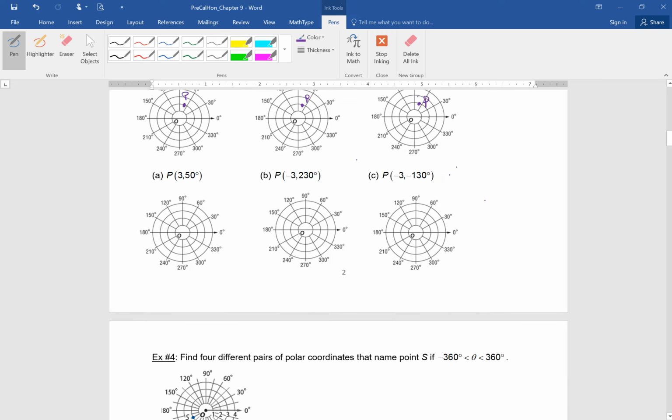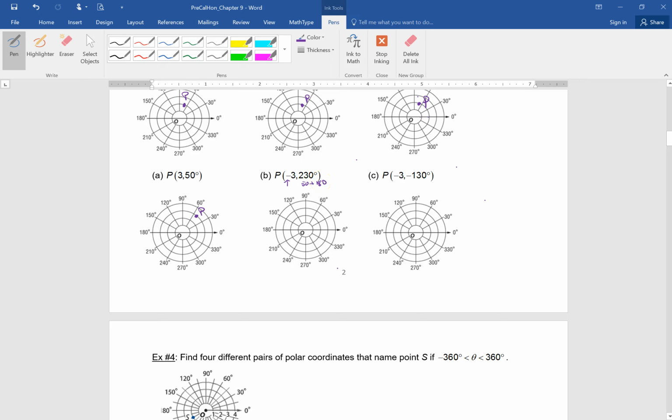Now let's try this one. I have a distance of 3 and 50 degrees. So 1, 2, 3. Now I'm going to go up 50 degrees. That gets me to here. Now I'm going to graph the other one. What's changed here? I have a negative, and this is 50 plus 180.